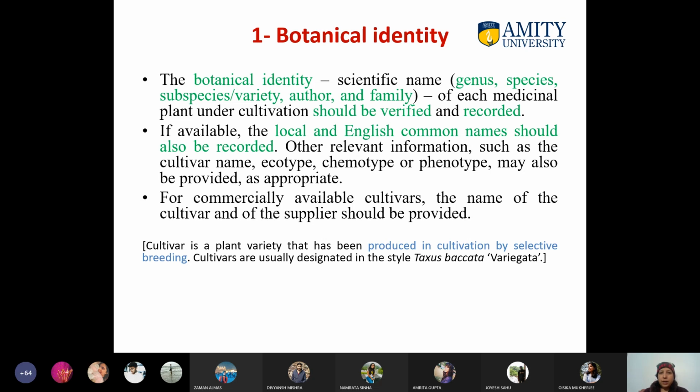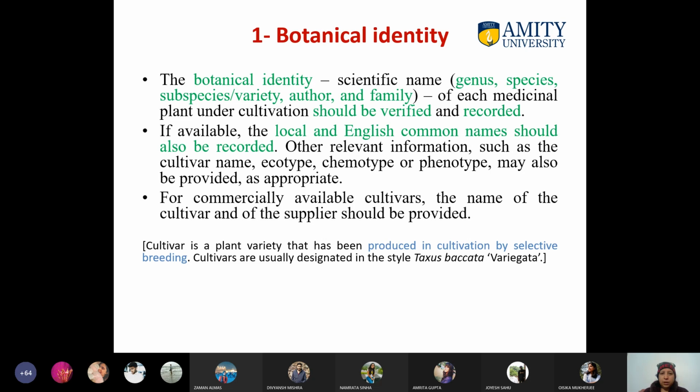You have to mention the genus of that plant, the species, then the subspecies. Subspecies is also known as the variety, and who is the author, and what is the family. The author here means who discovered it, or from where you purchased that planting material. All of these have to be verified and recorded in a register.